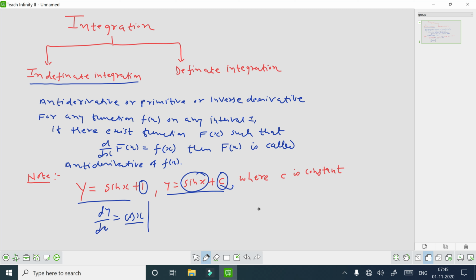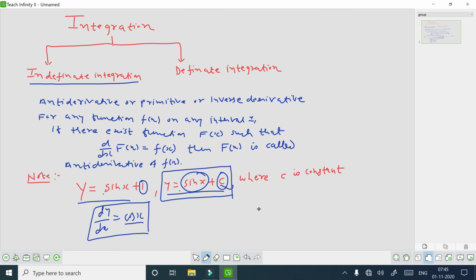Now see, we have the derivative cos x for this function as well as this function. But this one is a family of functions, because depending on various values of c we get various functions. So the antiderivative is a family of functions.